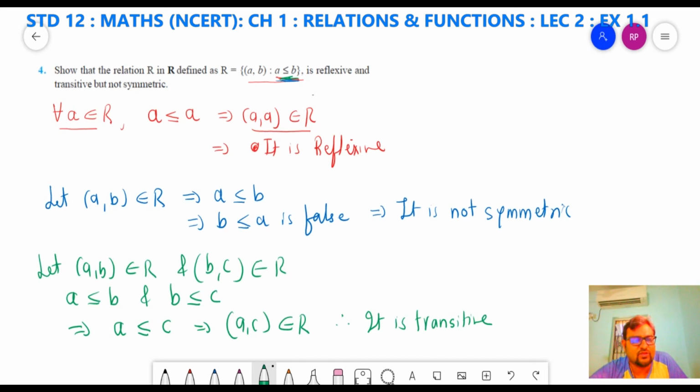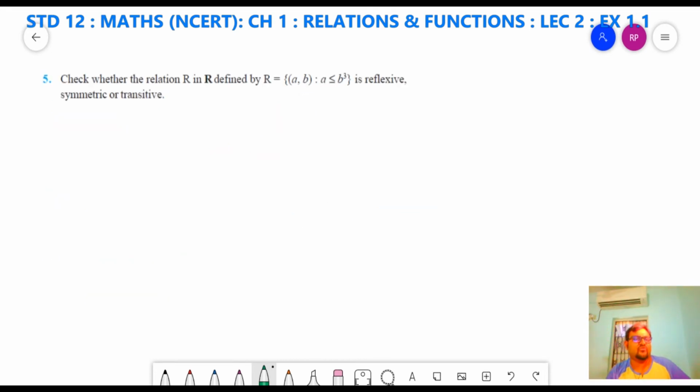Okay, now let's begin with the next question, question number five. Check whether the relation R in R defined by R equal to {(a, b): a is less than or equal to b cubed} is reflexive, symmetric, or transitive. Now here we have to check.